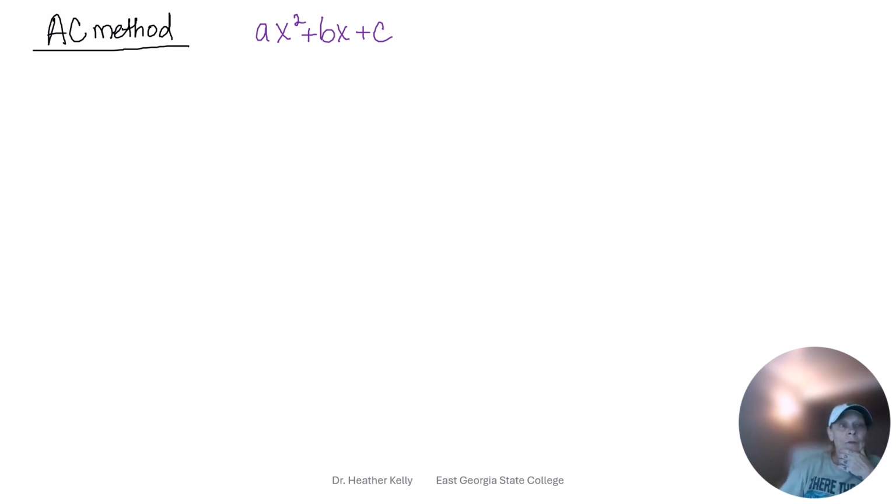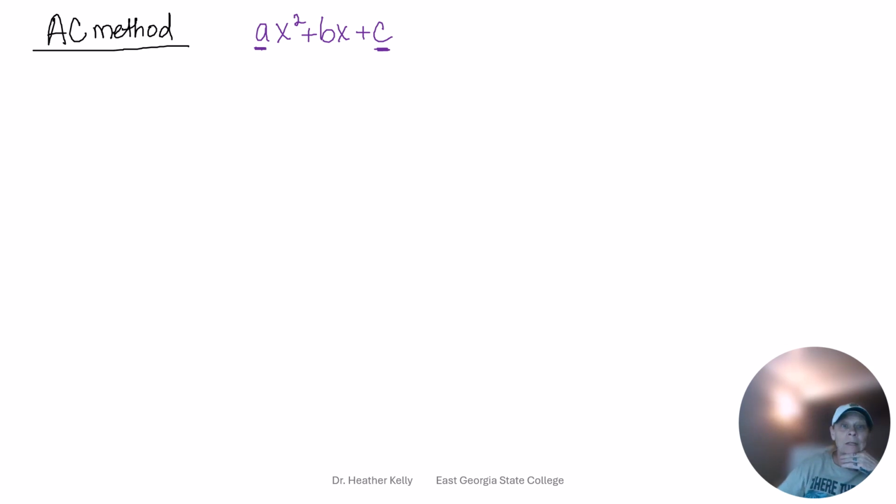All right, so the AC method is called the AC method because we're going to use the leading coefficient and the constant to make a list that allows us to rewrite the 3-piece into a 4-piece and group it.